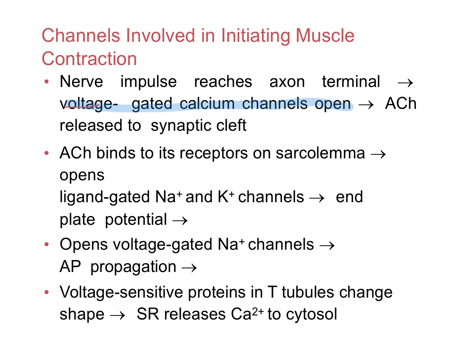Acetylcholine goes across the synapse and binds to ligand-gated channels in the motor end plate. And then after that, a local end plate potential stimulates the opening of voltage-gated sodium channels, and you get action potential propagation.